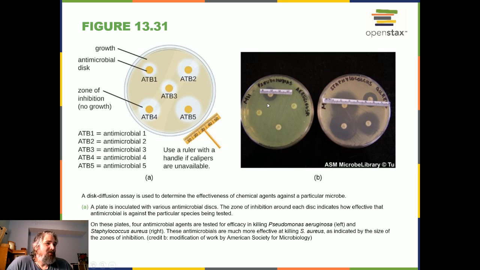Here we see the Pseudomonas is only affected by antimicrobial 1. And over here the Staphylococcus aureus has much larger zones of inhibition. This is the area where the chemical was present and no growth was able to occur, because the chemical diffused out on a concentration gradient.